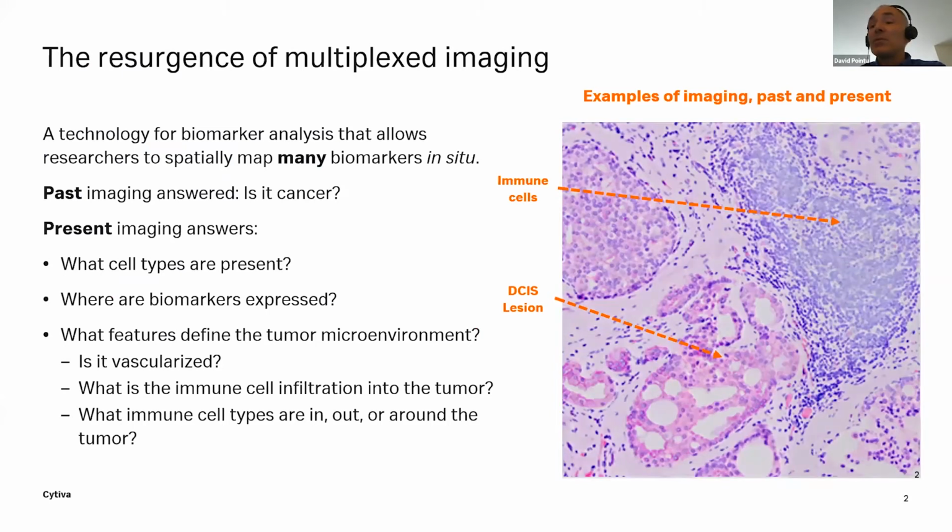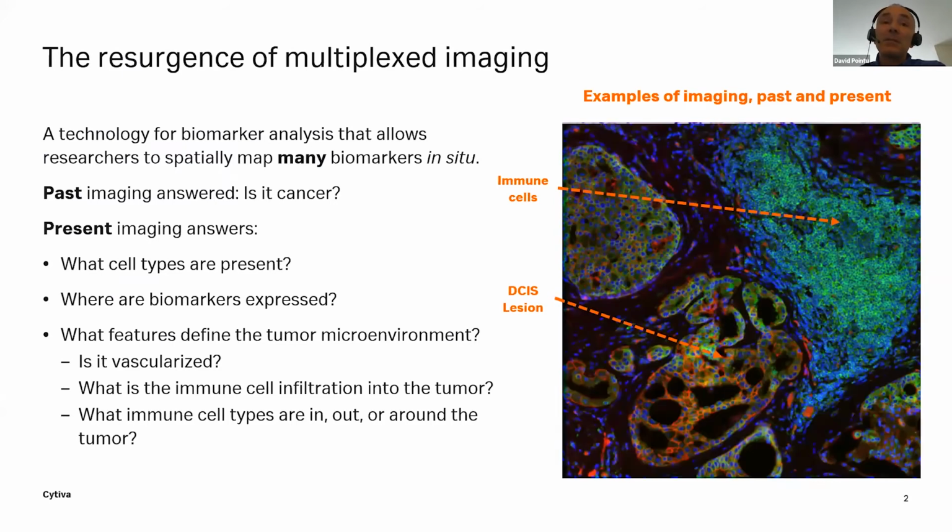If you see this picture, we'll be able to identify what cell types are present in the tissue, in the tumor microenvironment. You will be able to detect where the biomarkers are expressed. Regarding the tumor microenvironment, you will be able to see if it's vascularized, and if the immune cells managed to infiltrate the tumor or not.